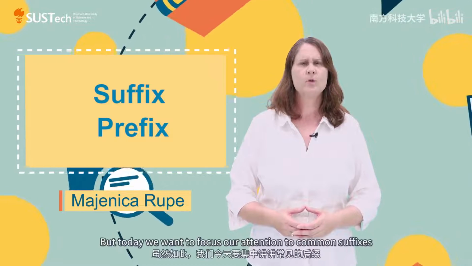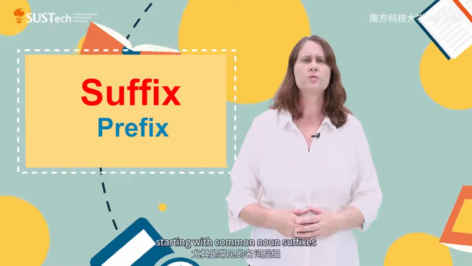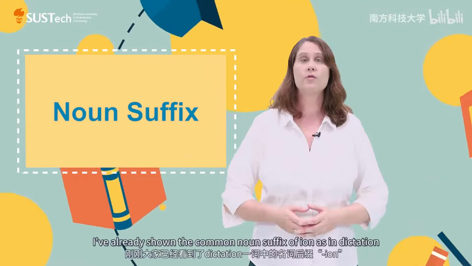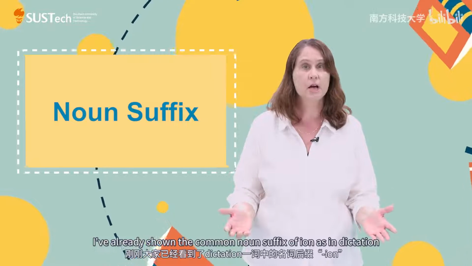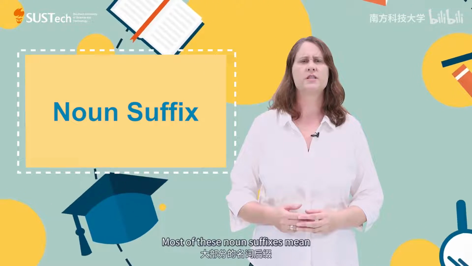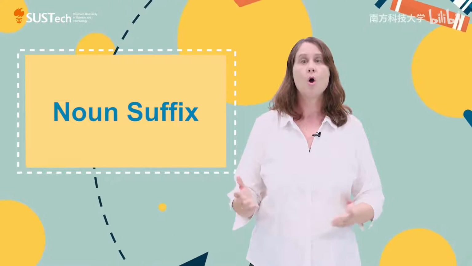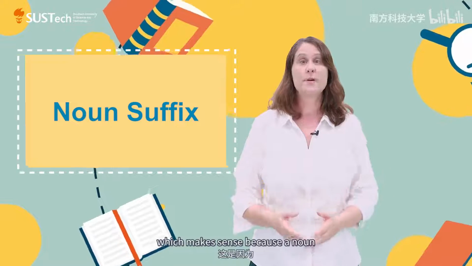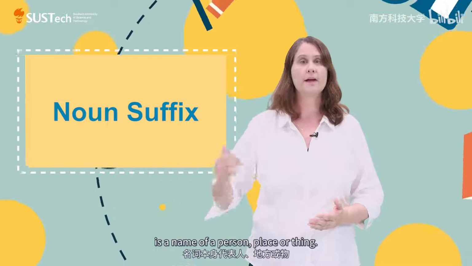But today, we want to focus our attention on common suffixes, starting with common noun suffixes. I've already shown the common noun suffix of ion, as in dictation, but there are many more. Most of these noun suffixes mean state, or quality of being, or position held, or doctrine, or place, which makes sense because a noun is a name of a person, place, or thing.